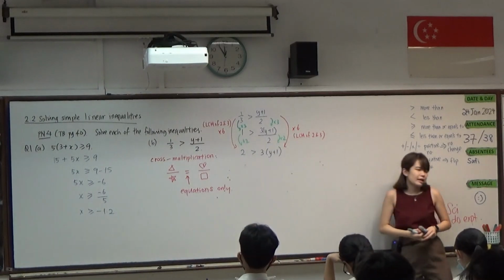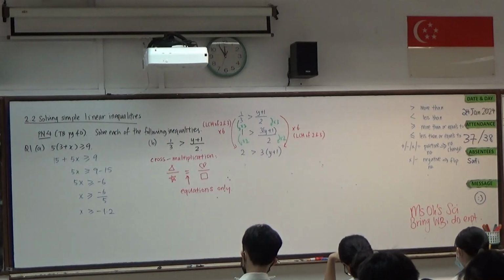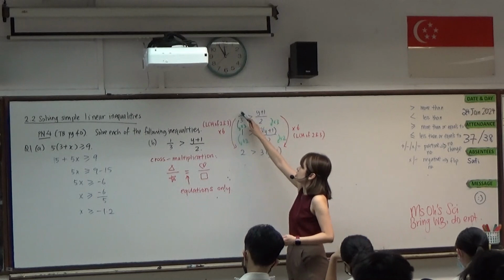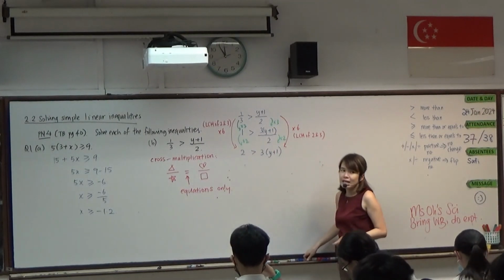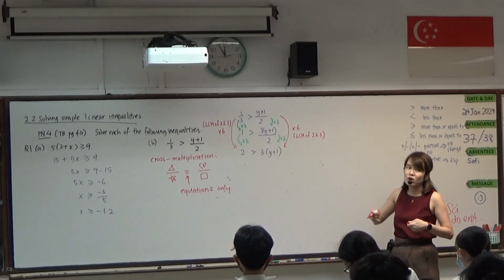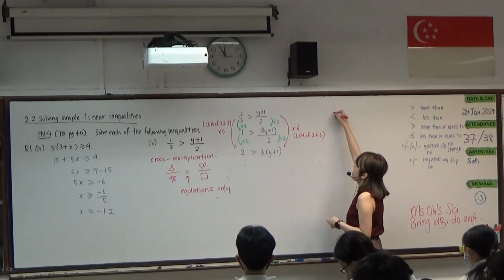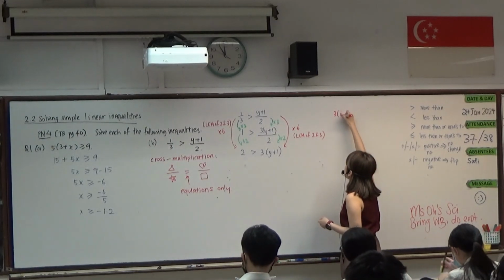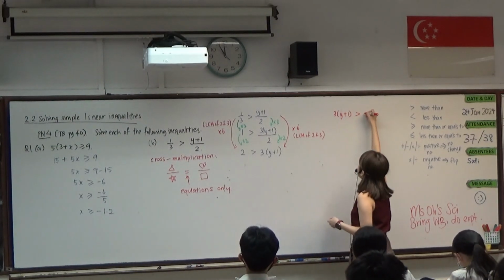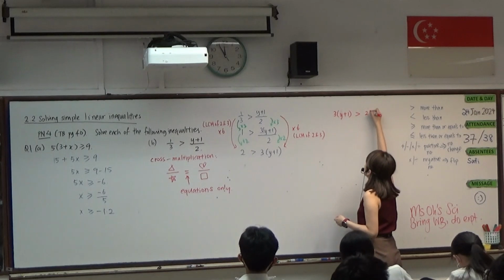In fact, you do see that it's similar to cross multiplication, right? It does seem like I cross here. Yes, you're not wrong, but I am very worried that you cross it differently. Whereby you end up writing 3 times (y plus 1) on the left, more than, and after that, times 1.